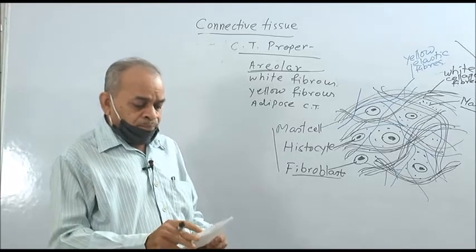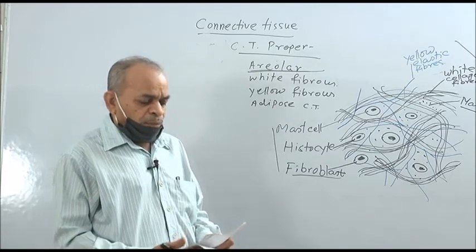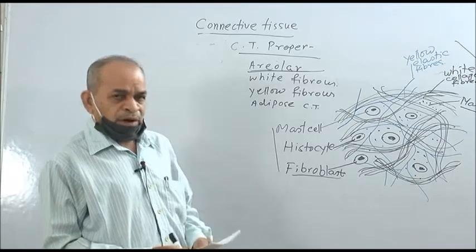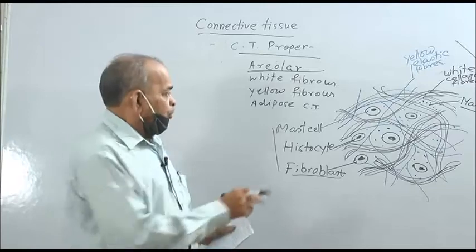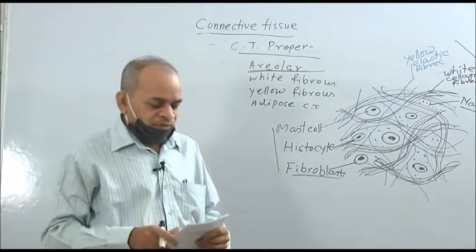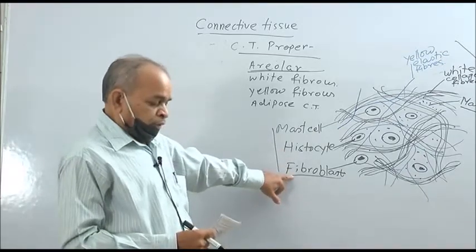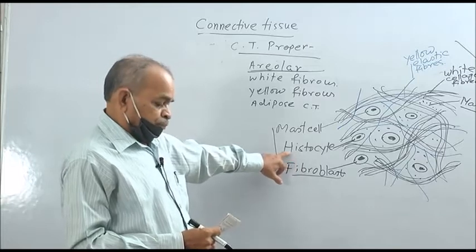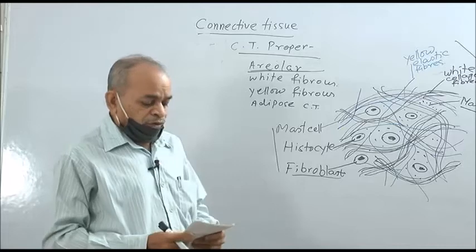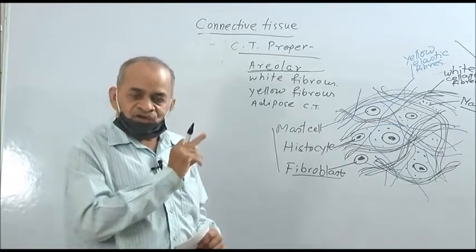Different types of cells are found in the amorphous ground substance of the matrix. These are fibroblasts, histiocytes and mast cells.